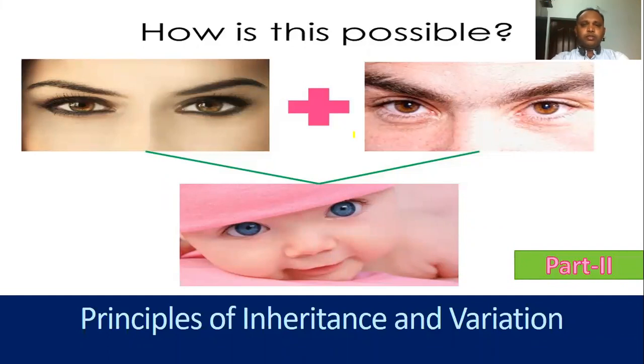We discussed the father of genetics, Gregor John Mendel, and the Pisum sativum, the garden pea plant, an experimental material used by Mendel. And lastly, we discussed Mendel's hybridization experiments.